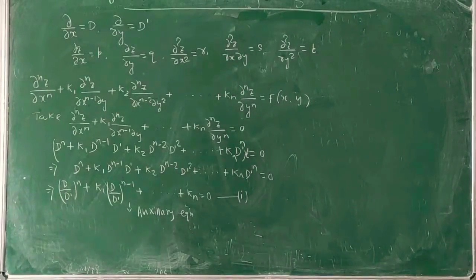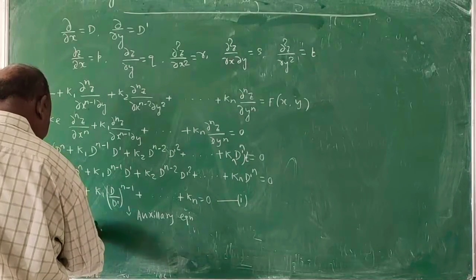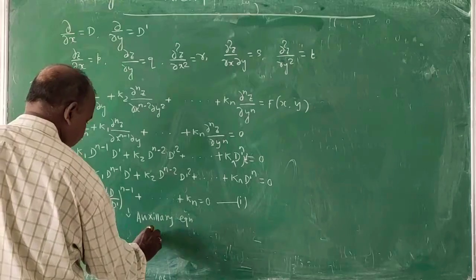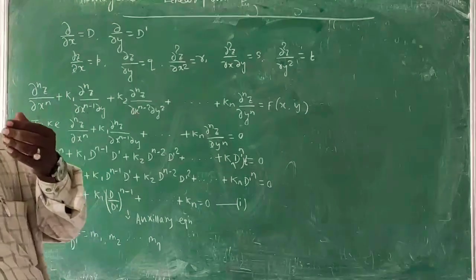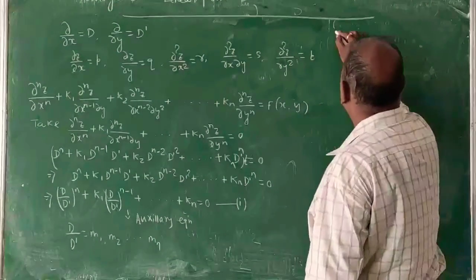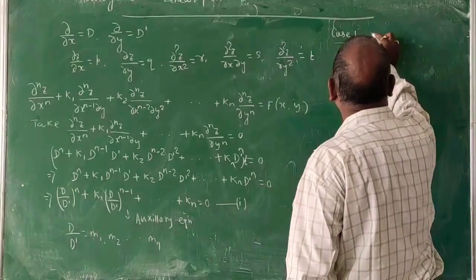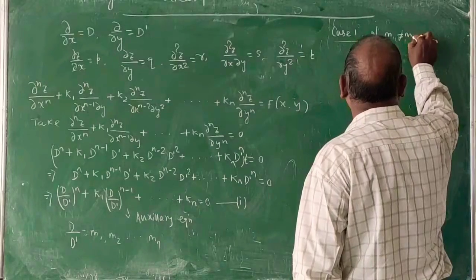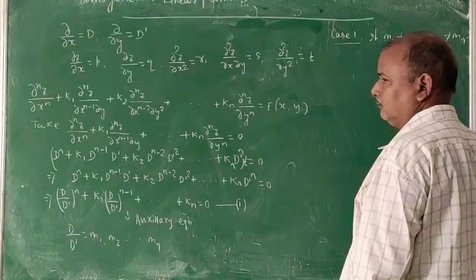If you solve it, then you will obtain D by D dash as m1, m2 up to mn. Then you come to case number 1. Now the roots are distinct, that is, m1 is not equal to m2 is not equal to mn.